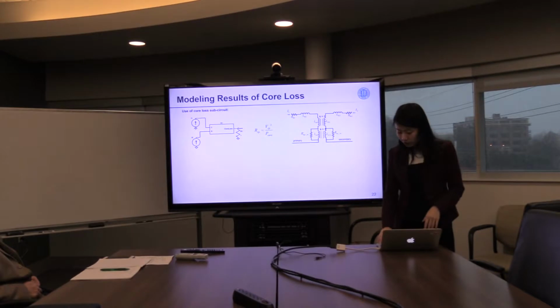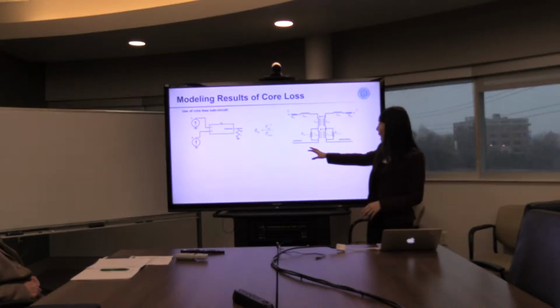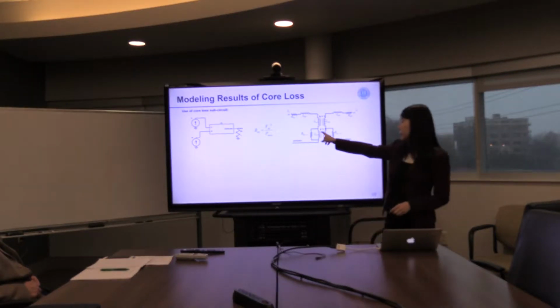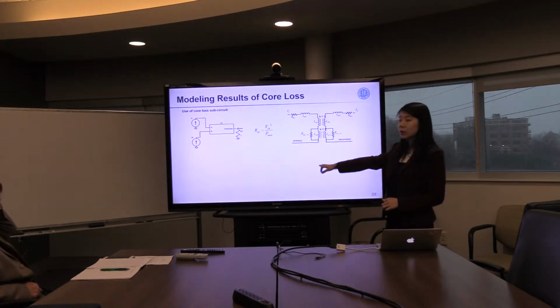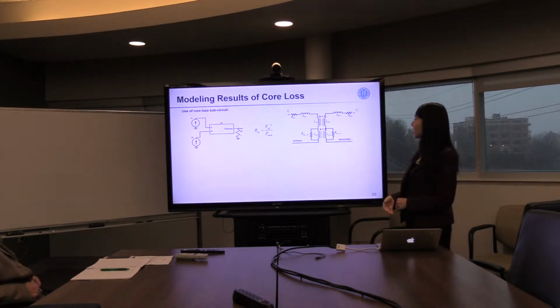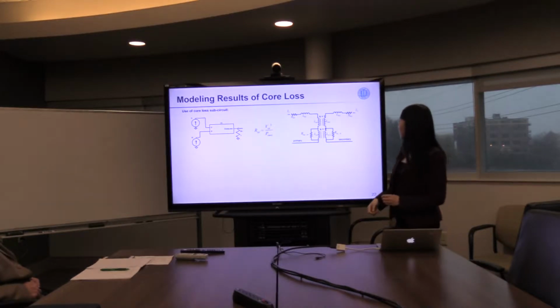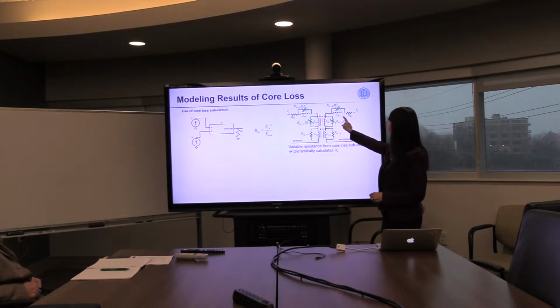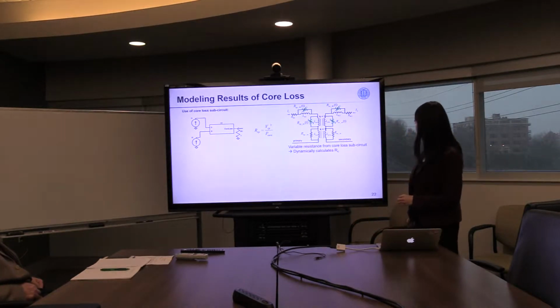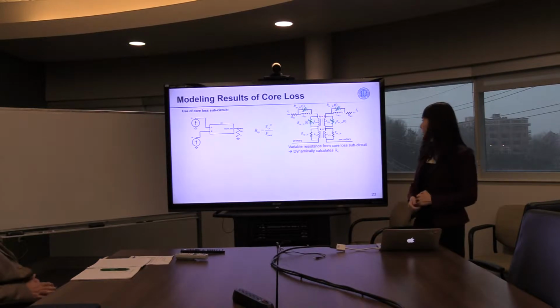For the modeling result of core loss, we can pack the sub-circuit into a box, and use the primary current and secondary current as the inputs to the box. The simulated core loss is fed back to the main model in terms of variable resistors.